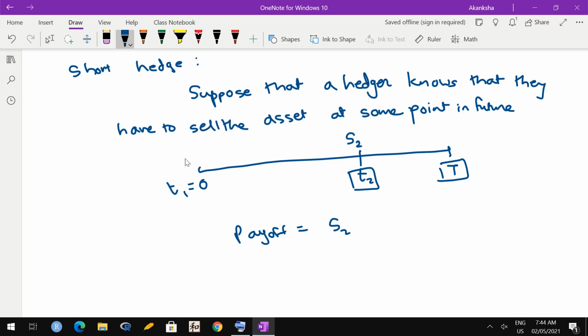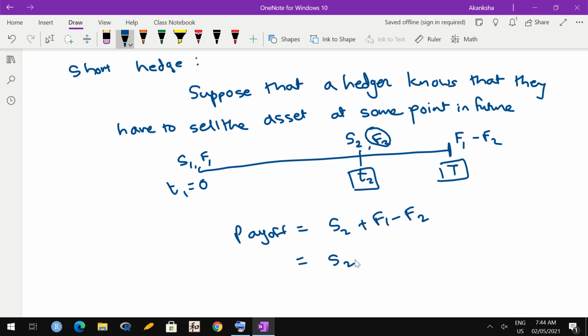Initially the person entered into a short position in hedge with F1 as the price, and at capital T the person has to close out the position by entering into a long hedge. So for the earlier short hedge, by selling the person will get F1, and because of this long hedge the person has to buy at F2. So this will be F1 minus F2.